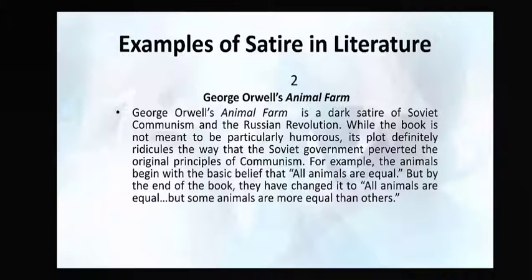For example, all the characters in this novella are animals, and these animals begin with a basic belief that all animals are equal. But as we move through the novel, by the end of the book, they have changed it to: all animals are equal, but some animals are more equal than others. Now, this is highly humorous, ironical, and satirical.